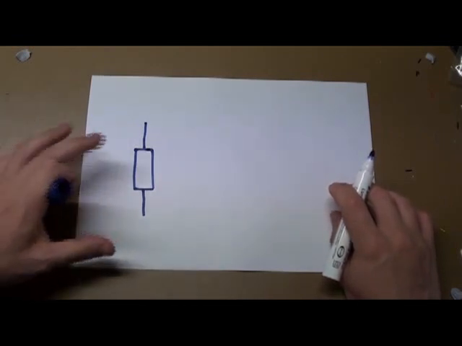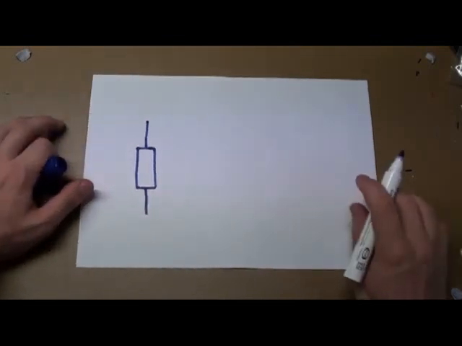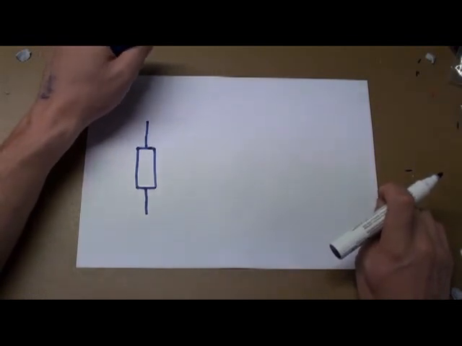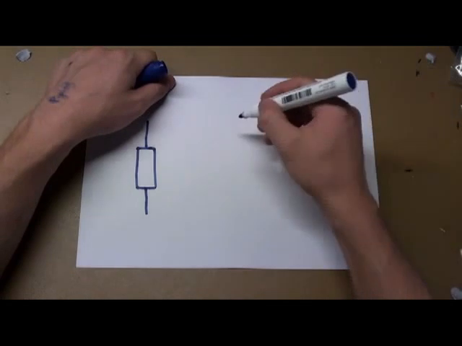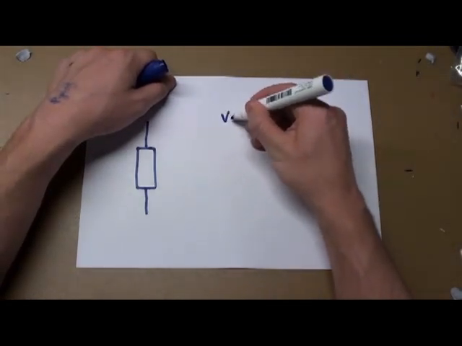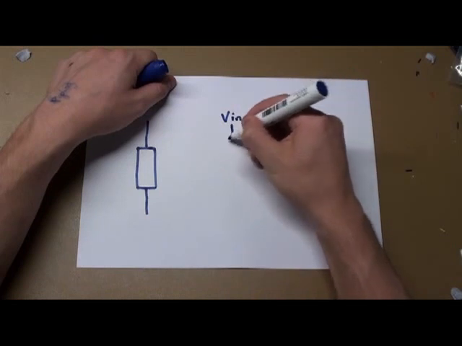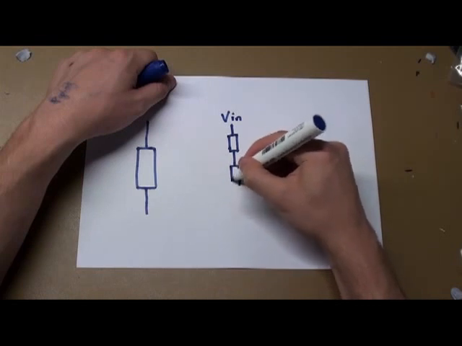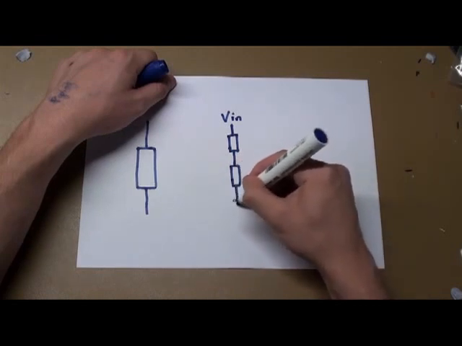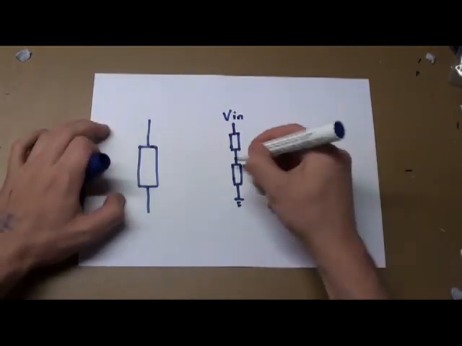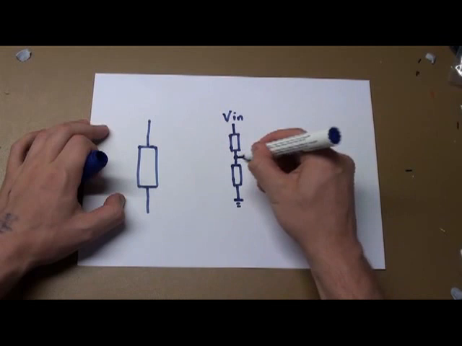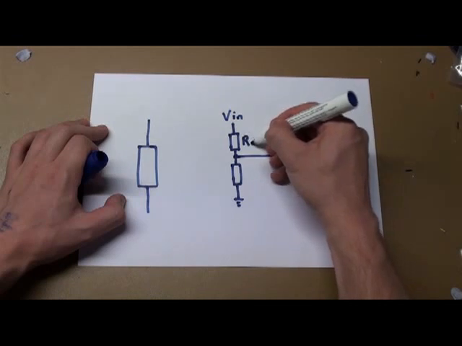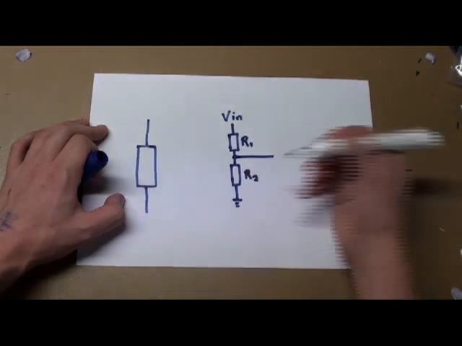The way we normally deal with a resistor that changes its resistance is using a thing called a Wheatstone bridge. Now there's one thing we need to talk about before we get to that, and it's called a voltage divider. If we have our V in that goes into one resistor, goes into another resistor, and goes to ground, then the voltage at this point is a function of V in, R1, and R2.